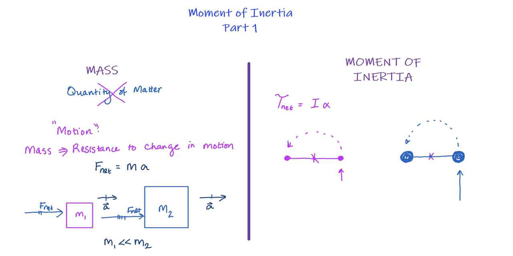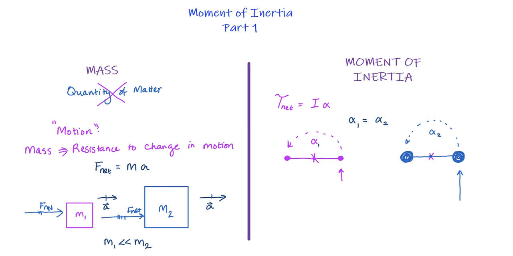So if we put it this way, I want the angular acceleration here and the angular acceleration here to be the same value. So I'm going to say that the angular acceleration in the purple example, we'll call that 1, I want it to be equal to the angular acceleration in situation 2.